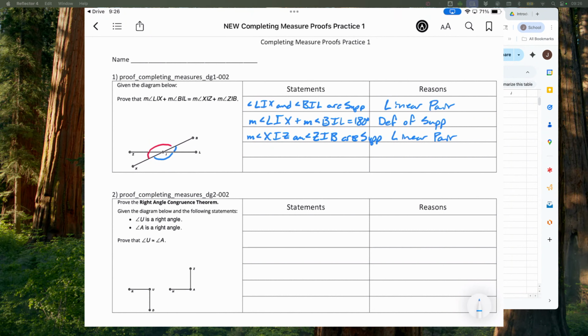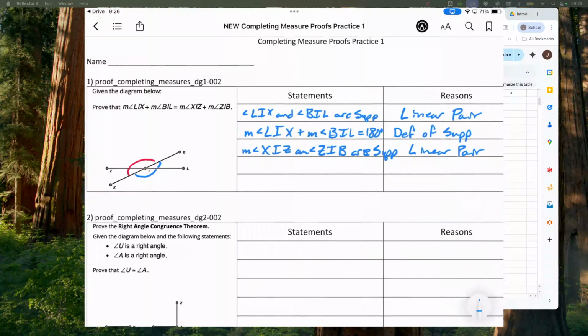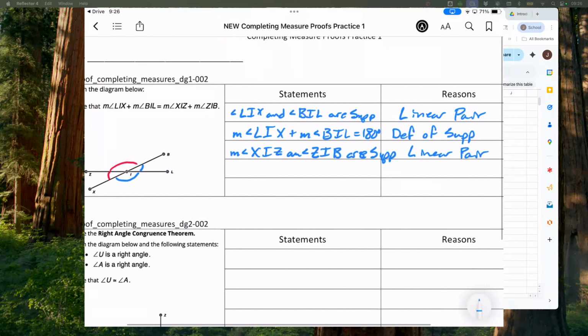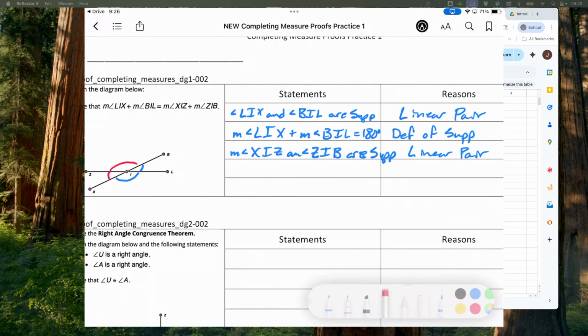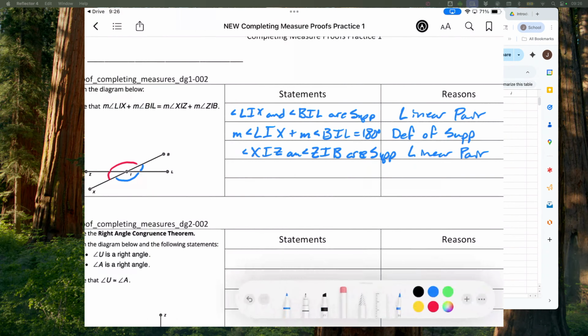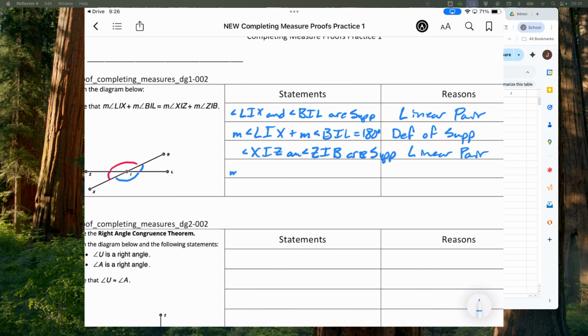They form a linear pair. Now we can say since they are supplementary, their measures add up to be 180 degrees, just like the other one. I should have just put angle there instead of measure. So the measure of angle XIZ plus the measure of angle ZIB is equal to 180 degrees. And that's the definition of supplementary.